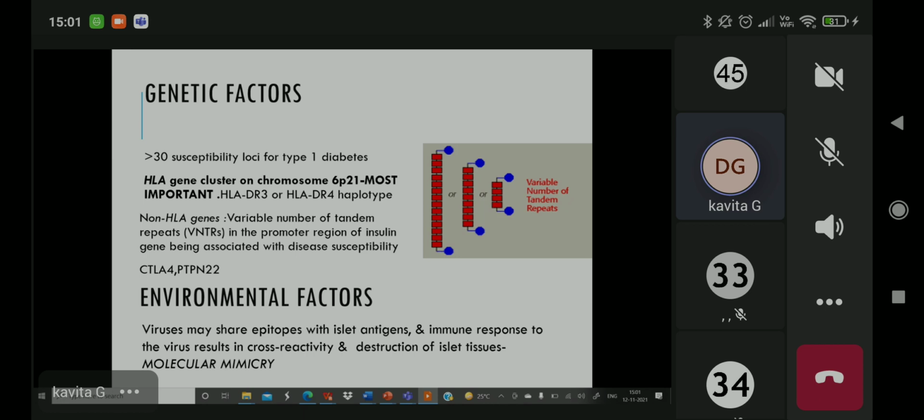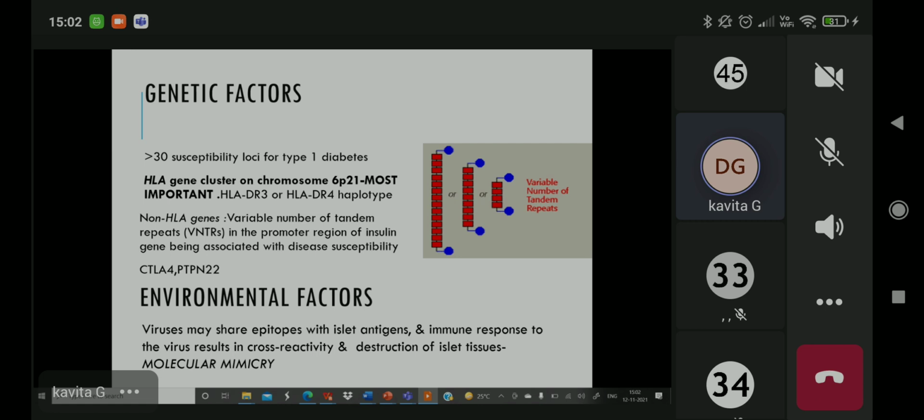So as I mentioned, there is something wrong in the genes or there's something wrong in the environment. What can go wrong at the genetic level? There are a number of susceptibility loci for type 1 diabetes. HLA gene clustering on chromosome 6 is the most common. So then you could be asked, what is the HLA cluster that is associated with diabetes?